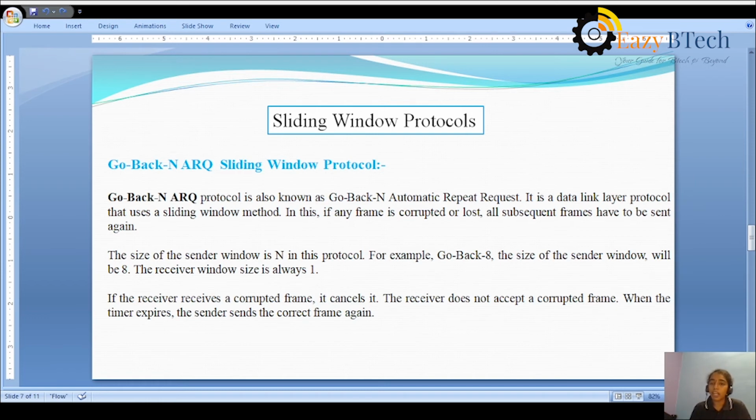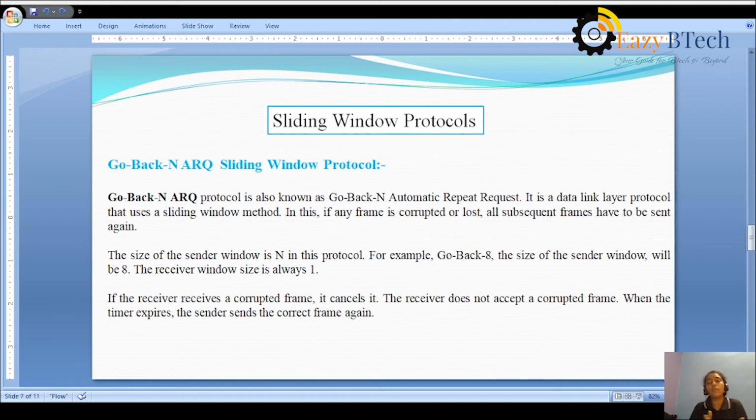If any frame is corrupted in this particular sliding window, all subsequent frames have to be sent again. Whenever frames are sent from source to destination, after sending one frame, it will receive one acknowledgement. After receiving that acknowledgement, it will send another frame.